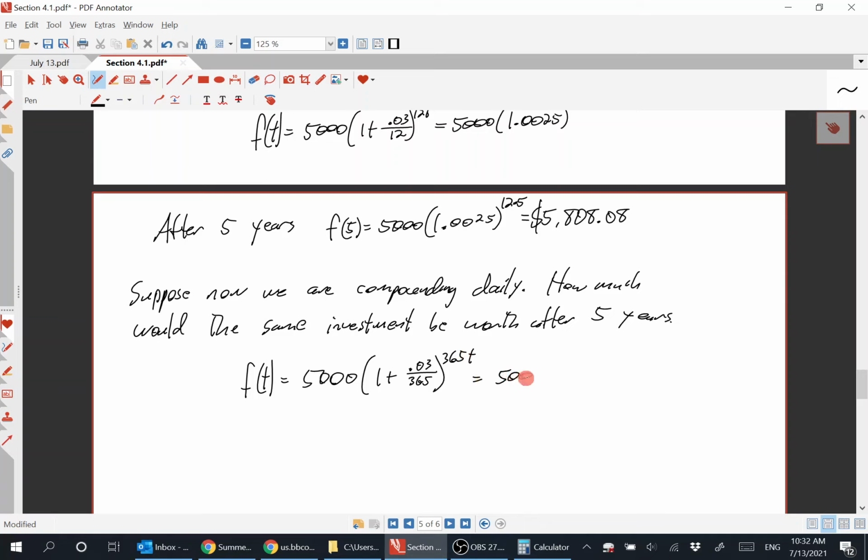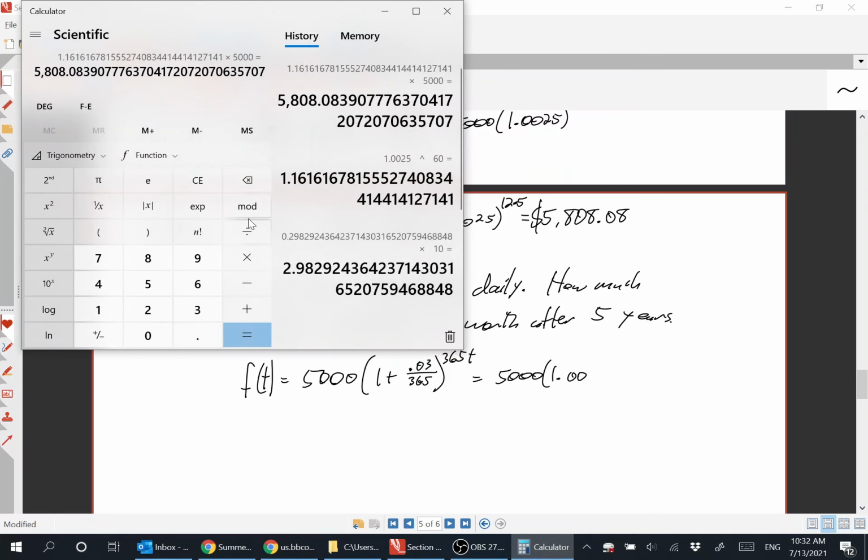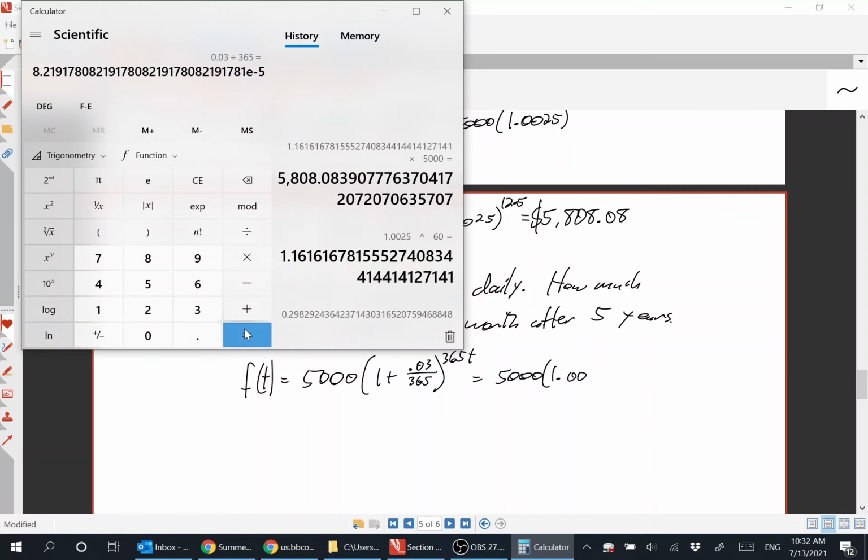Let's see what this base is supposed to be. Let me show you on the calculator. 0.03 divided by 365.